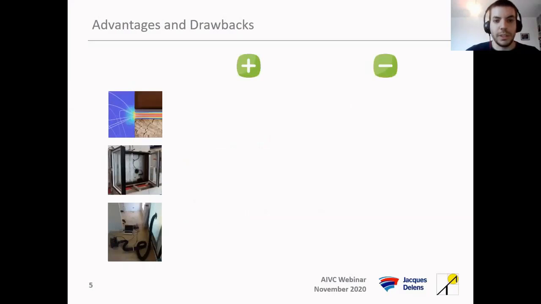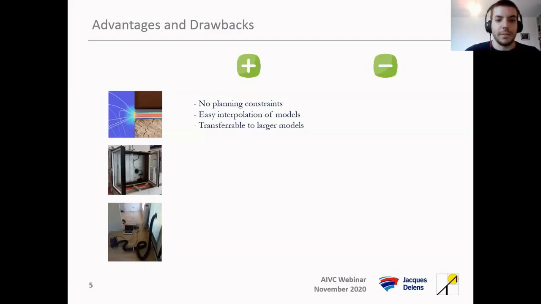For the numerical models, we have no planning constraints, since we can do this modeling in parallel with the construction or the retrofitting context. It's quite easy to interpolate those models. If you have one model that is validated, it's much easier to change the size of the material than it would be for a test.